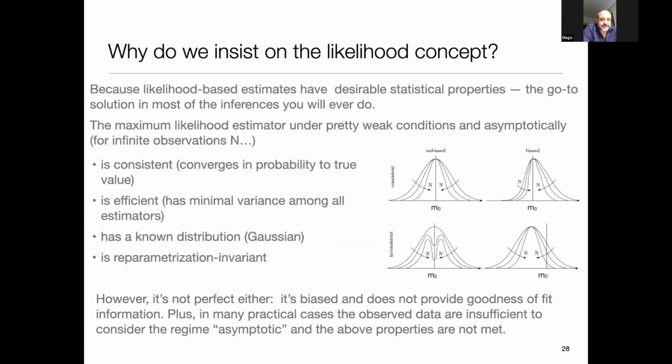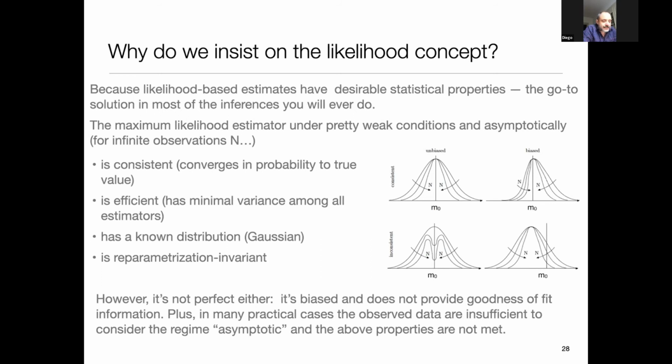So why do we insist on the likelihood concept? We insist on that because the likelihood-based estimates have very desirable statistical properties, and probably they are your default solution in most of the inferences you will either have to do or you will read in papers.